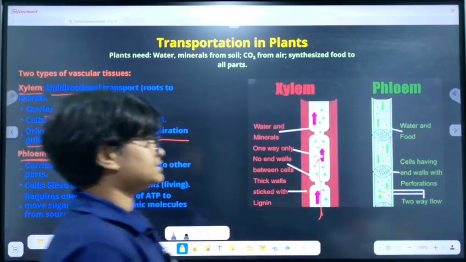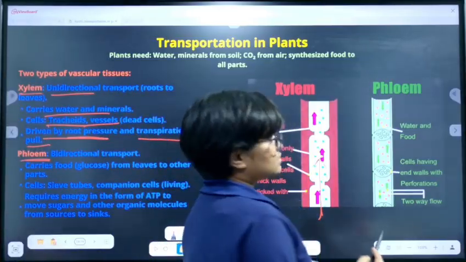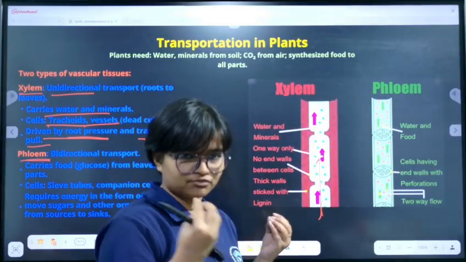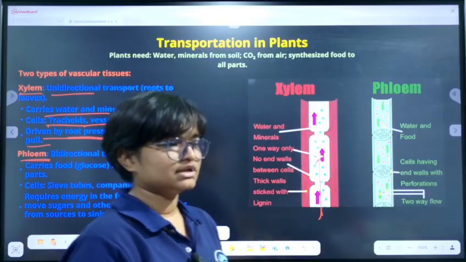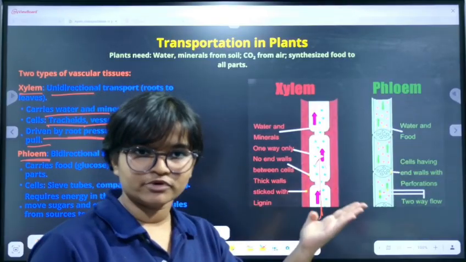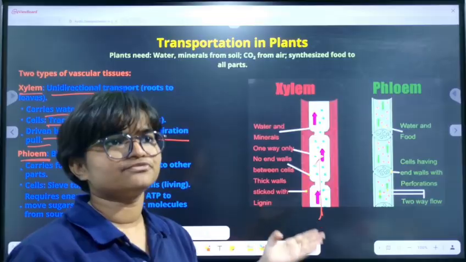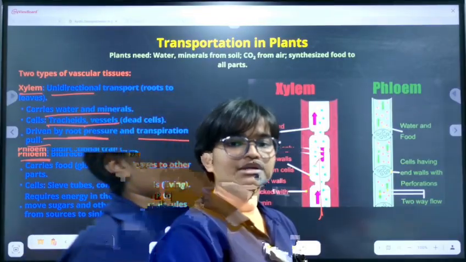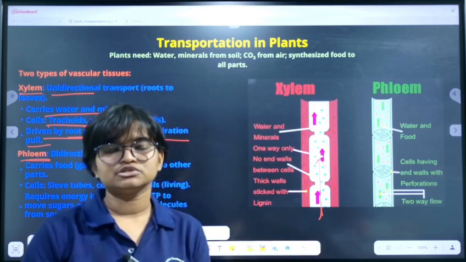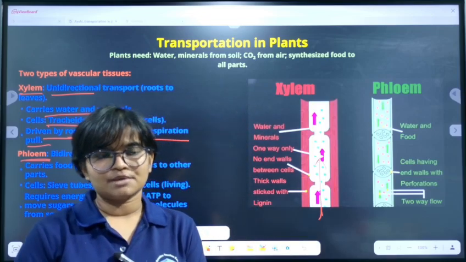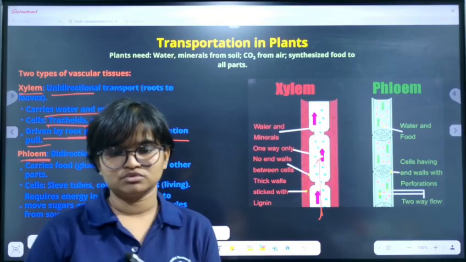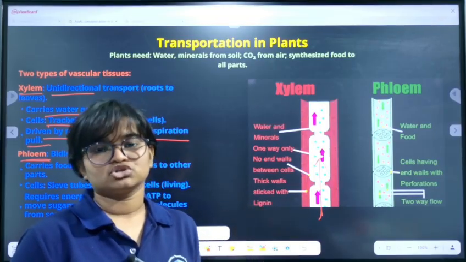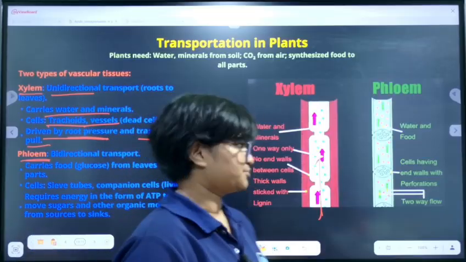So the thing is that in the phloem, whatever is being generated, like the food, the glucose, sometimes goes upward, to the flowers and the fruits, because they need this. And after that it also comes to the root, because the root also needs the energy to do the work, like transportation of water, minerals, like that.